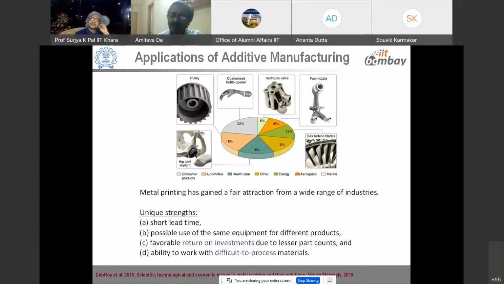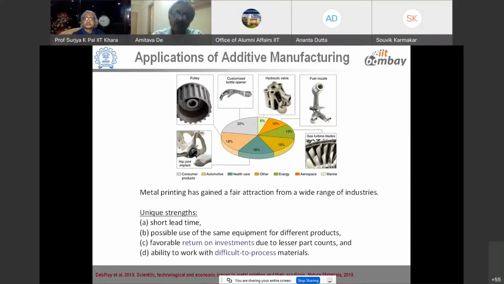And most importantly, because the process primarily works through melting and solidification, we can also work with difficult to process materials which are otherwise very difficult to cast. For example, there would be a material which can be melted, but it is very difficult to find some mold to create a shape for this.